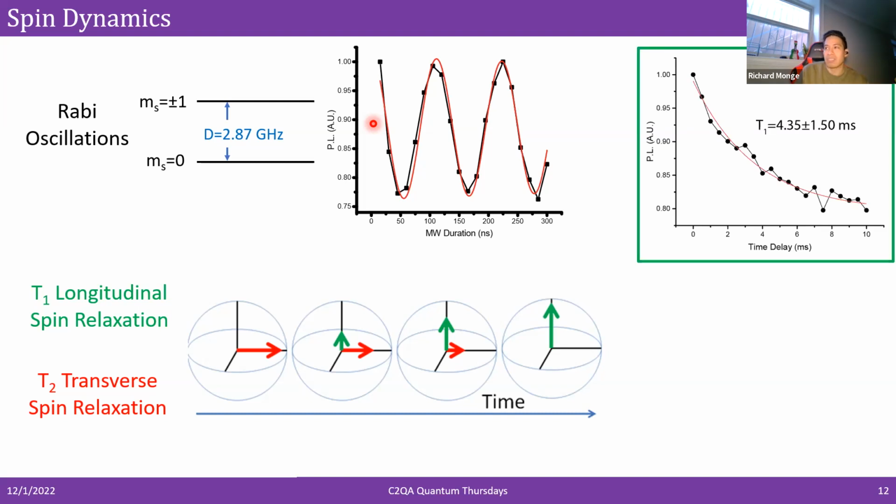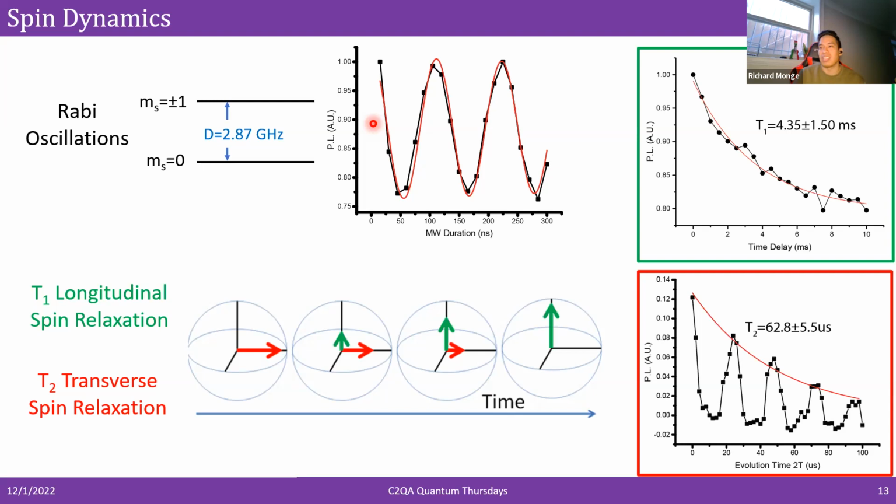The NV center exhibits T1 lifetimes around the millisecond range. And the T2, the transverse spin relaxation, is in the tens to hundreds of microseconds range, or even the single-digit microsecond range, depending on the proximity of the NV center to the diamond surface.